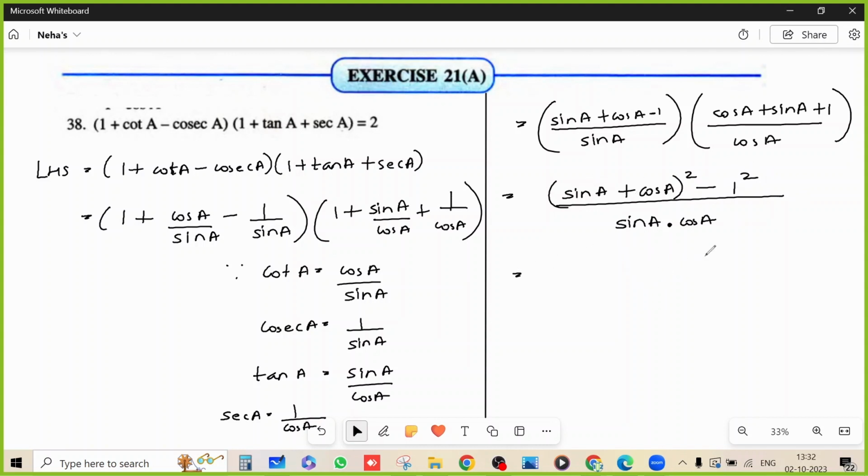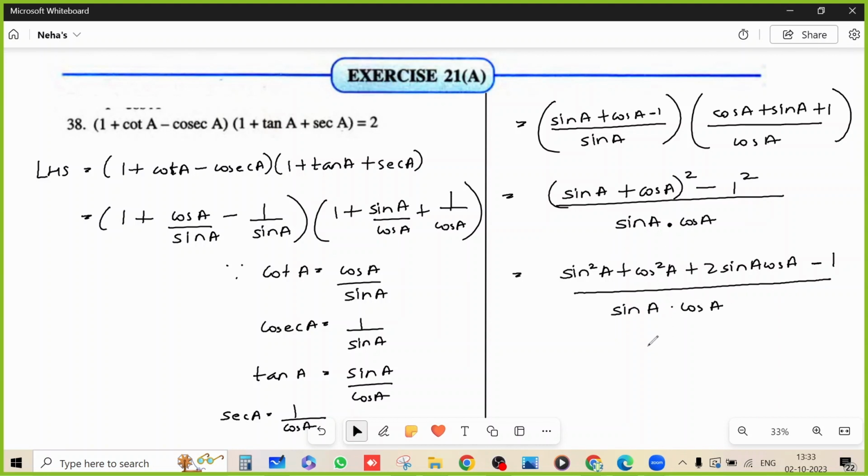Now we will apply the formula here. This will become sine²A plus cos²A plus 2 sine A cos A minus 1, and this is divided by sine A into cos A.